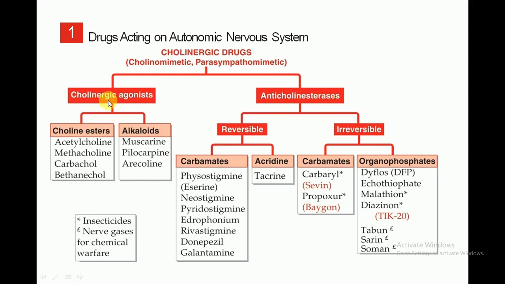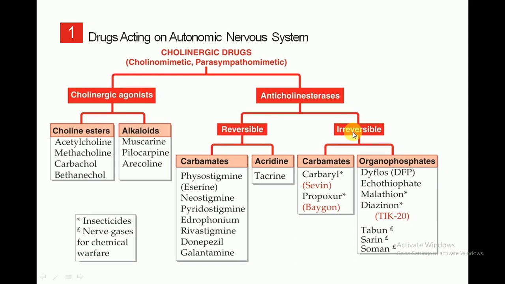Further, the cholinergic agonists are divided into two groups: choline esters and alkaloids, while the anticholinesterases are further classified into two categories: reversible anticholinesterases and irreversible ones.